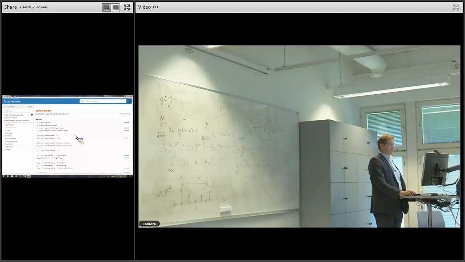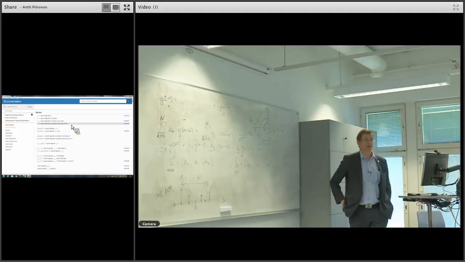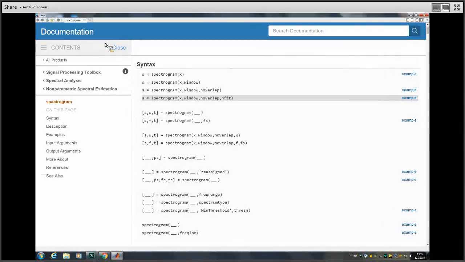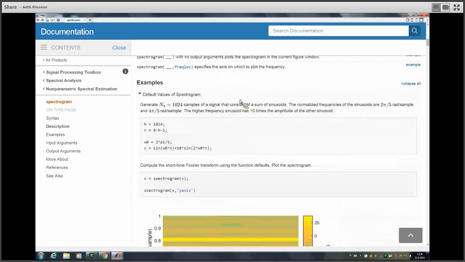So, easy to use. You just put the spectrogram of signal with the window size, or actually you can also put their shape, number of overlapping bins, and how many points you take into transformation, and then you can also add there the sampling rate, and then you can add there one more parameter.